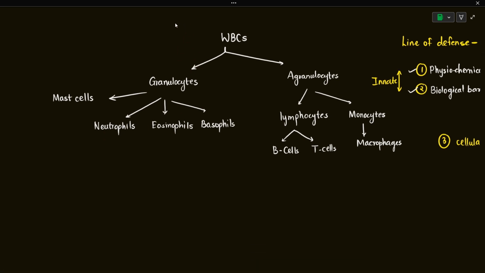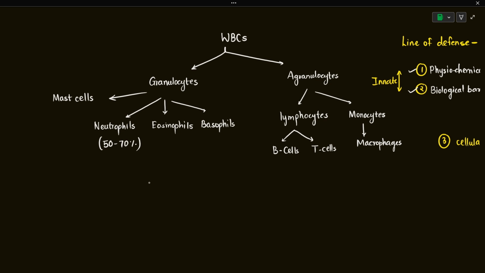They are also the most abundant type of WBC. So 50% to 70% of the white blood cells are neutrophils. The most abundant WBC is the neutrophil, and they are also predominant in pus.